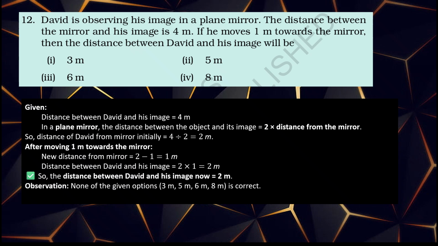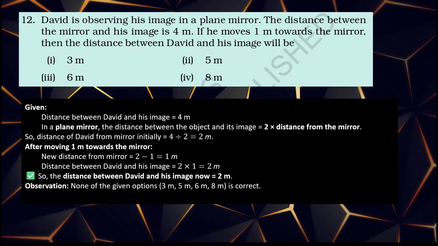Given: the distance between David and his image is 4 meters. In a plane mirror, the distance between the object and the image is 2 times the distance from the mirror. So the distance of David from the mirror initially is 4 divided by 2, that is 2 meters. After moving 1 meter towards the mirror, the distance from the mirror is 2 minus 1, that is 1 meter.